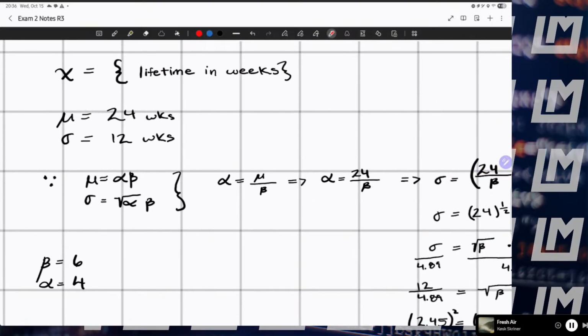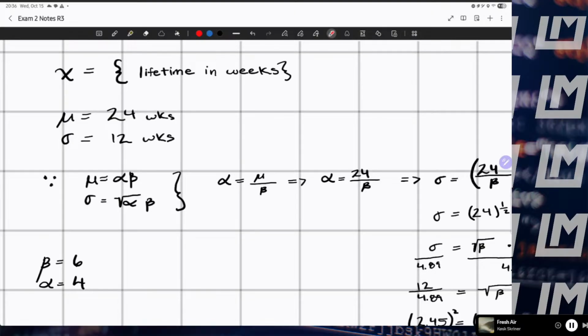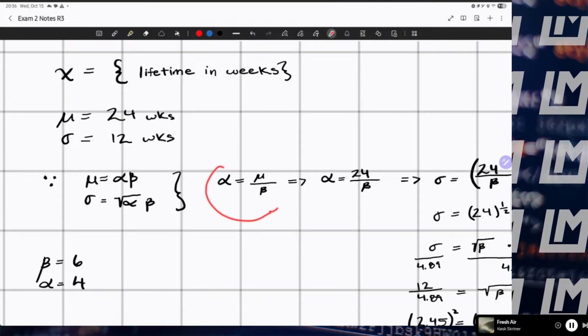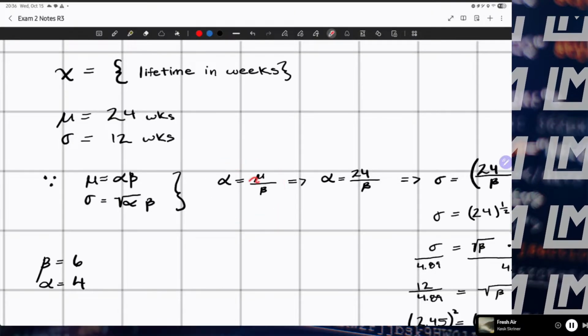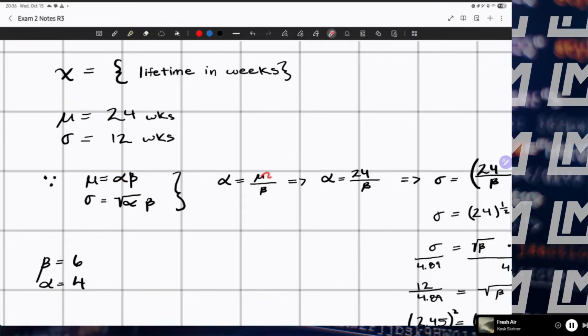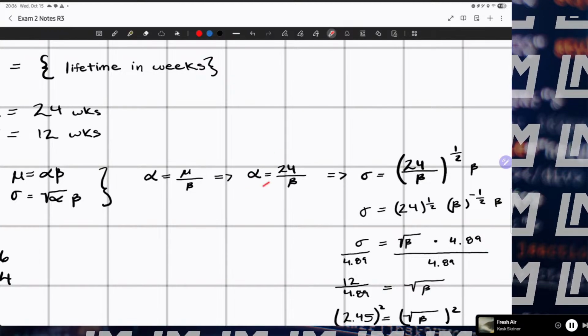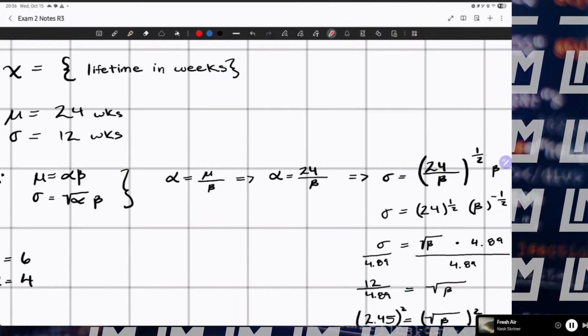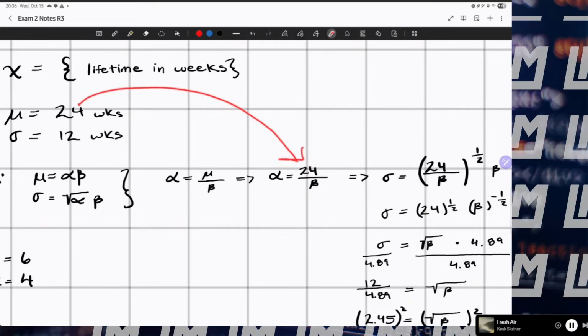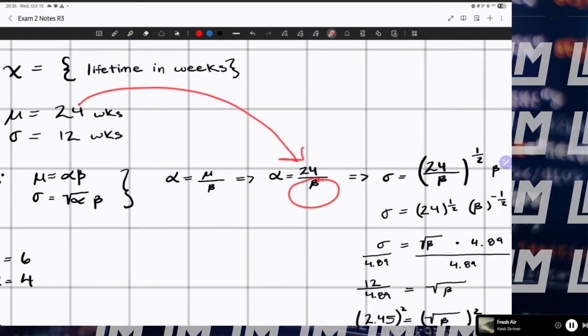So what I did is I isolated alpha, right? I put alpha equals, just simple algebra, mean over beta. And since we know mu, I brought in the 24 weeks right here, and we don't know beta, okay?